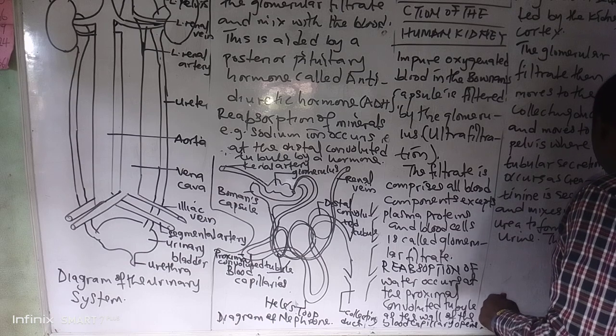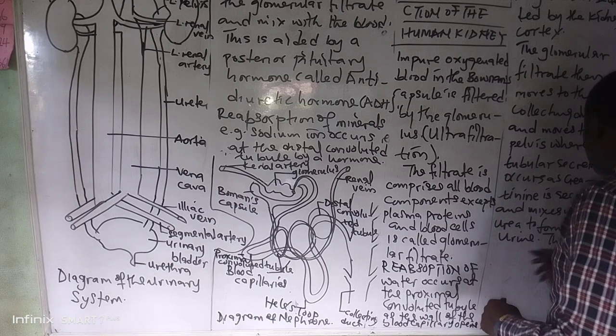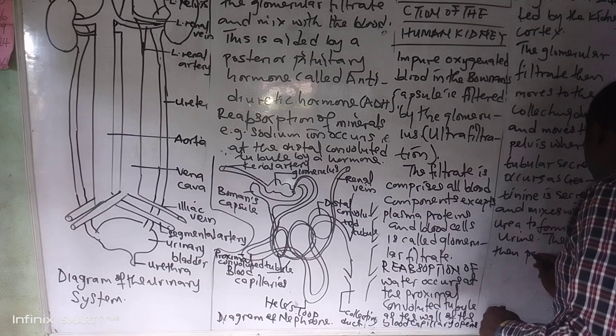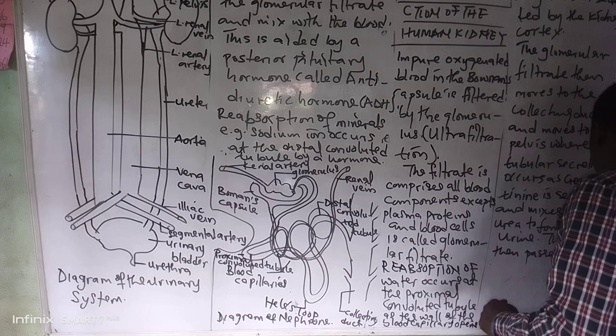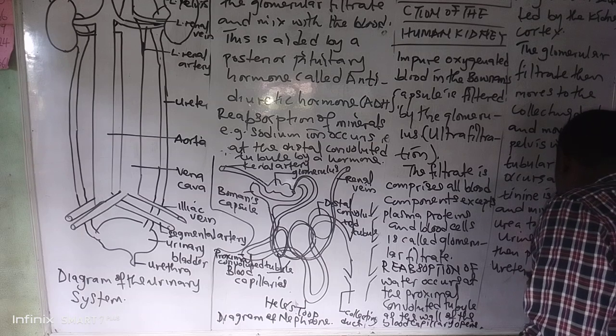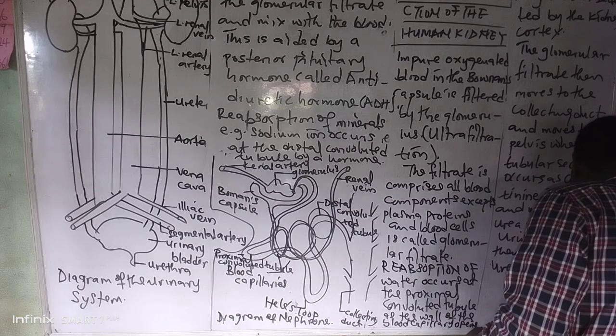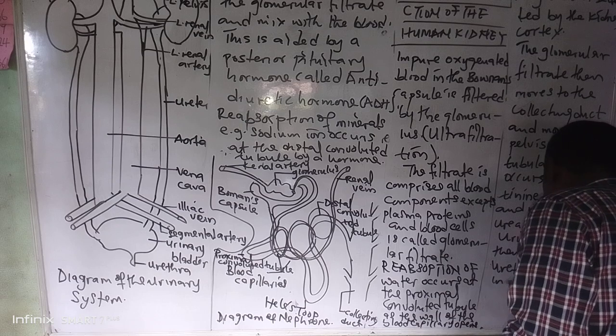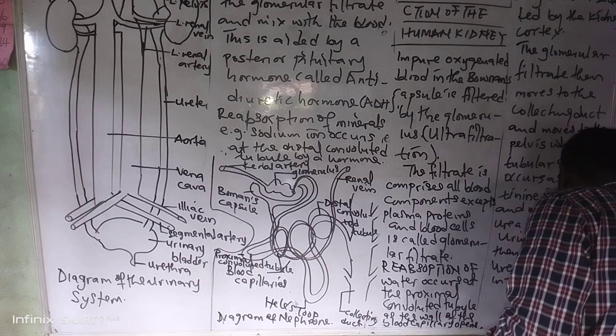So the urine then passes through the ureter to be stored in the urinary bladder.